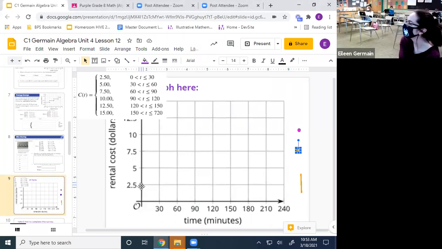Very good. Less than, but not equal to. And you put it on your 250. Good. And then what kind of dot am I going to grab for the end of this little segment? Very good. A closed dot because it's or equal to. And where am I going to go to get there? Over to 30 and where? Up to 250. Very good.